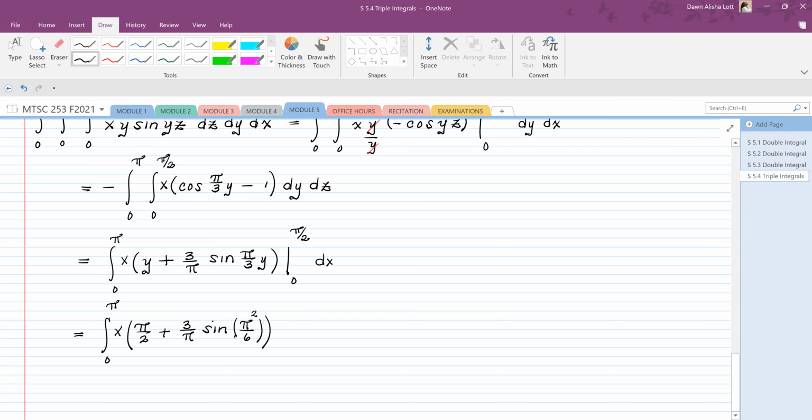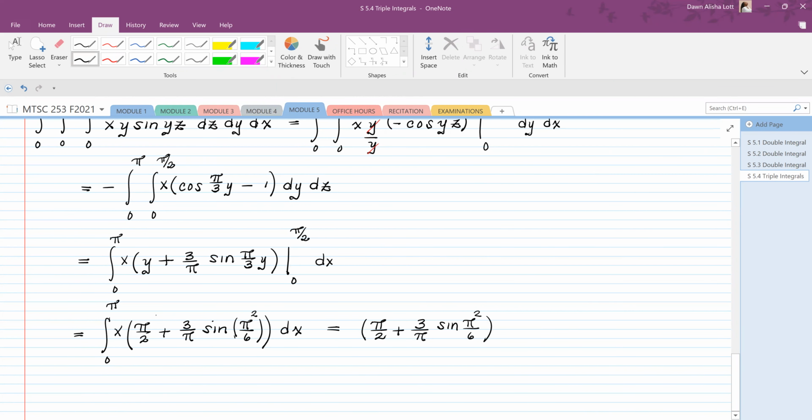And then when I put in a 0, I get 0. So this is dx. So that whole thing comes out as pi over 2 plus 3 over pi, the sine of pi squared over 6.